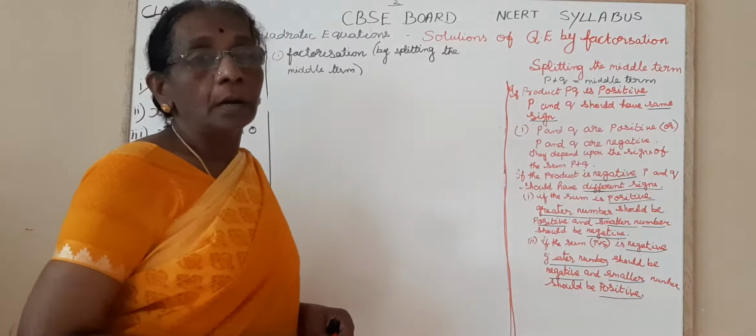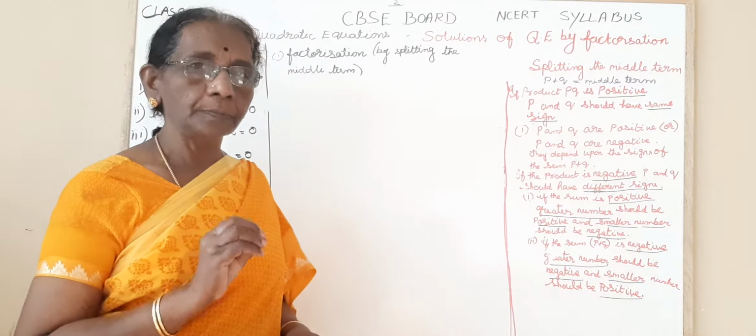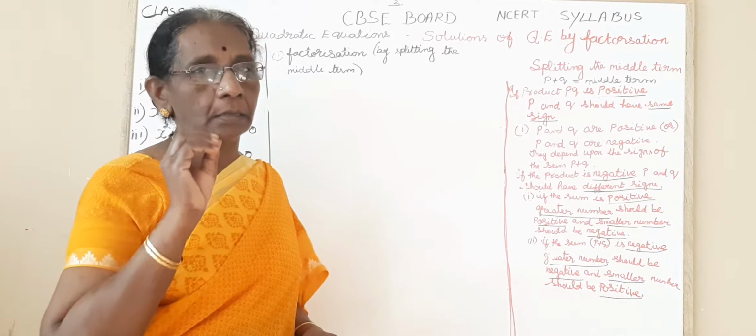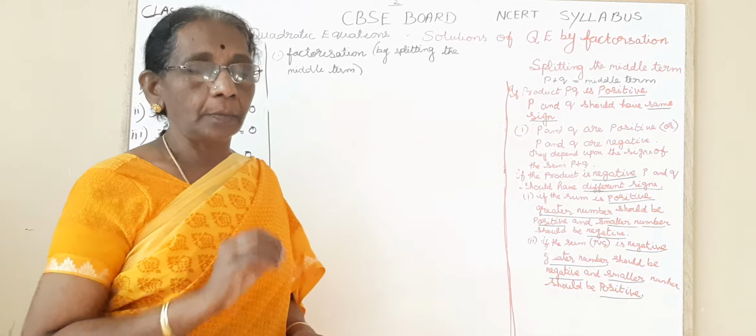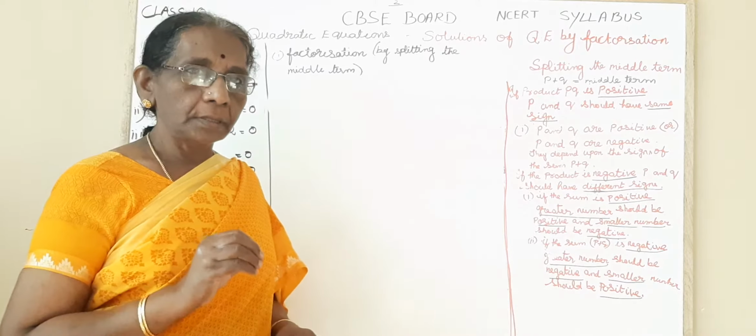The zero of a quadratic polynomial is the value of the variable involved in that polynomial, which makes the value of the polynomial as 0.